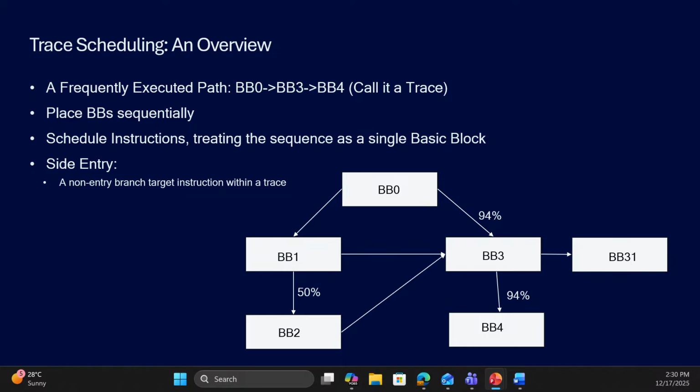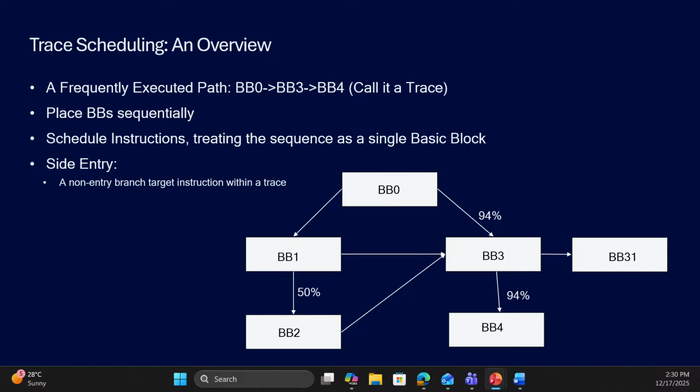We have defined the basic block to be one entry, one exit. Then how can we have side entries? That's why it's not a basic block. It's a trace. A trace is a sequence of basic blocks, not a single basic block.